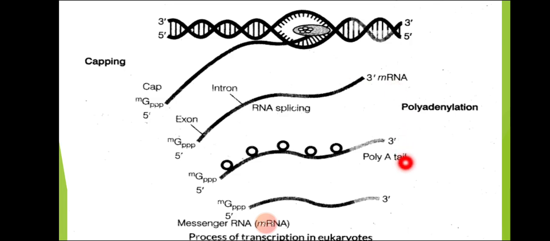And the last step is tailing. Here we are going to do polyadenylation, that means addition of adenylate residues at the 3' end. That is tailing, also called polyadenylation. Finally we get a processed mRNA, that is messenger RNA.